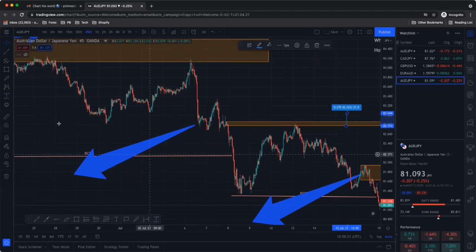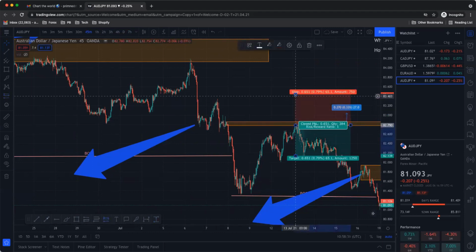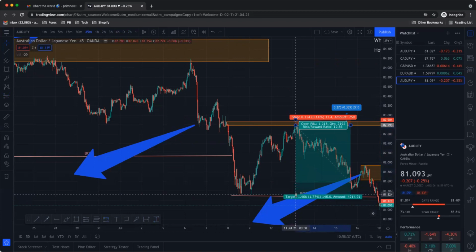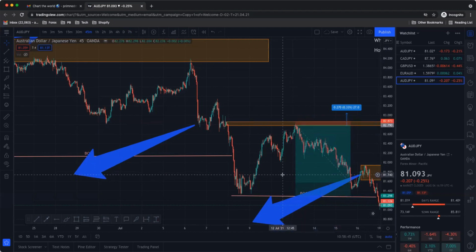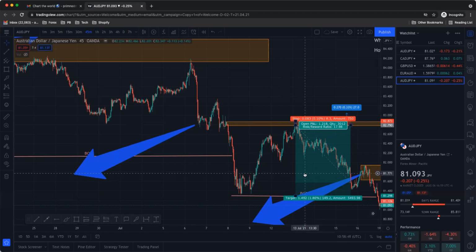You can place the sell order here, and the stop will be above that order block. The move goes 17 or 18 times the risk, so 18% reward for 1% risk. It works like that.